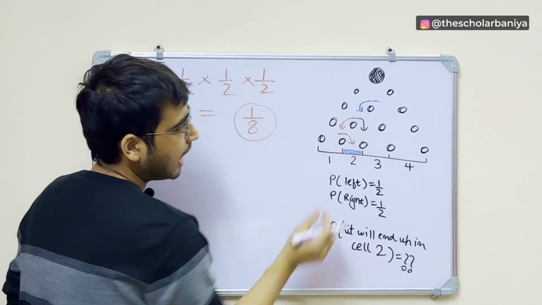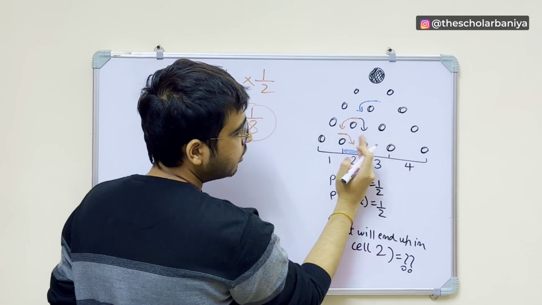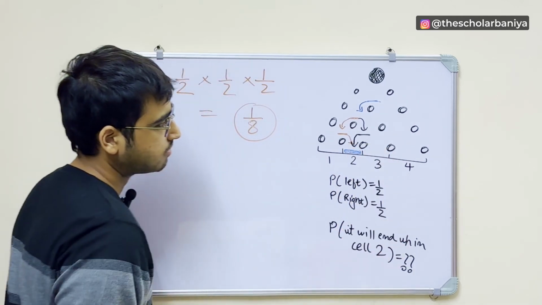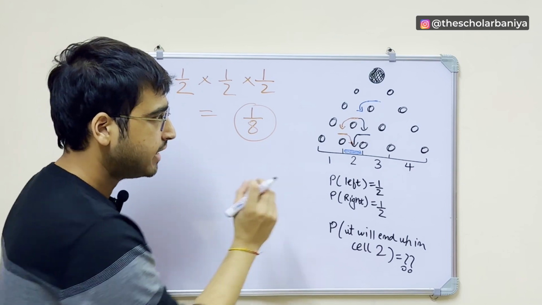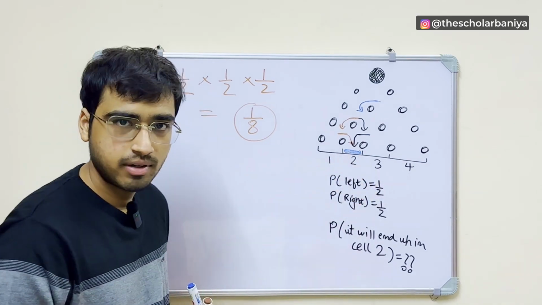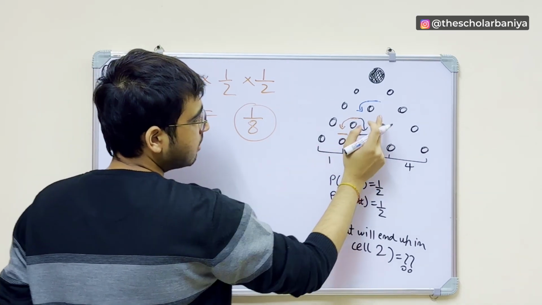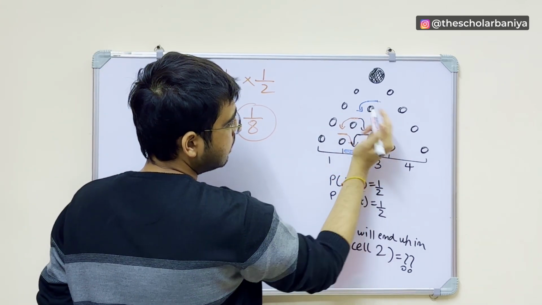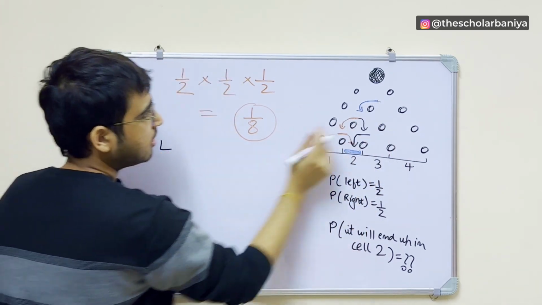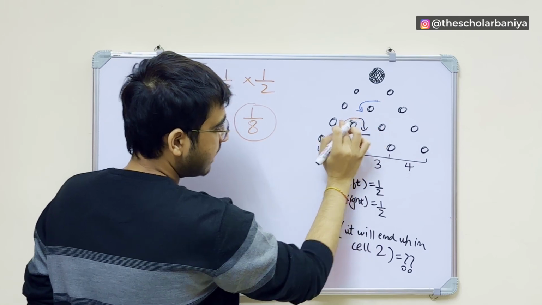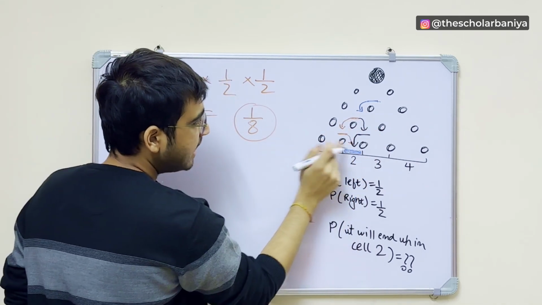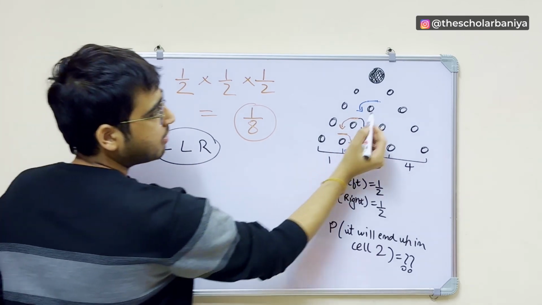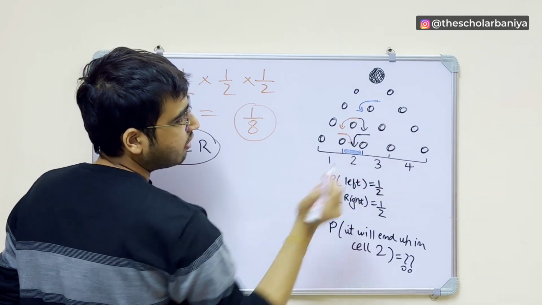Now over here, instead of going towards the right, it goes towards the left. So then also the ball will land over here, right? So there is one possible way: it went towards the left, it again went towards the left, and then it went towards the right. So this is one possible case, left, left, right.